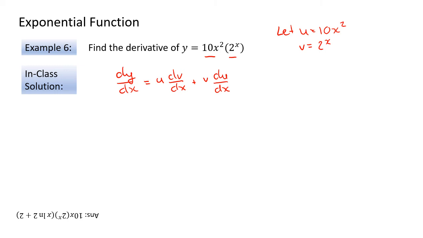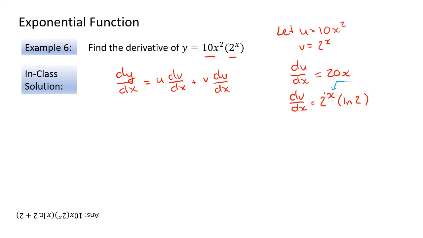Okay, so the last two pieces we need are those two derivatives. Starting with du by dx, the derivative of 10x squared is simply going to be 20x. And for dv by dx, following that derivative formula, remember it's 2 to the x, so it's the same function, multiplied by the ln of the base, which here is 2, times the derivative of the function that's sitting in the exponent.